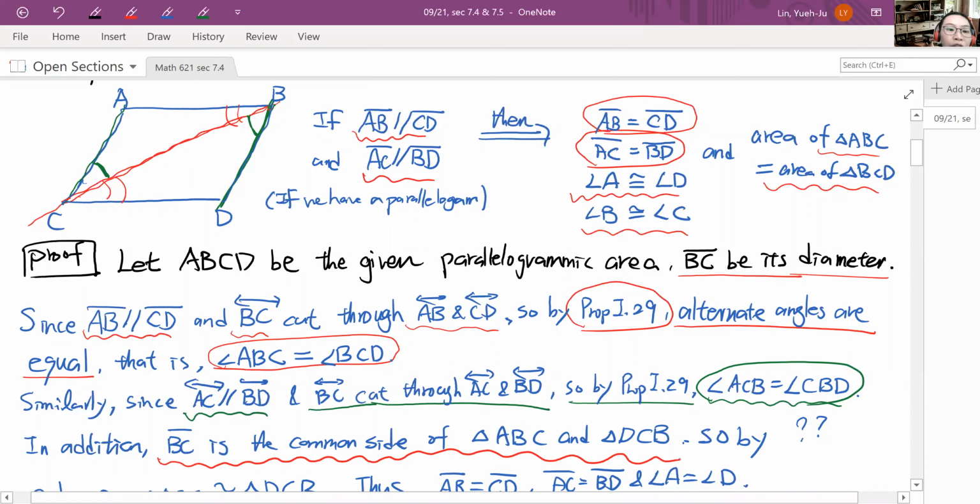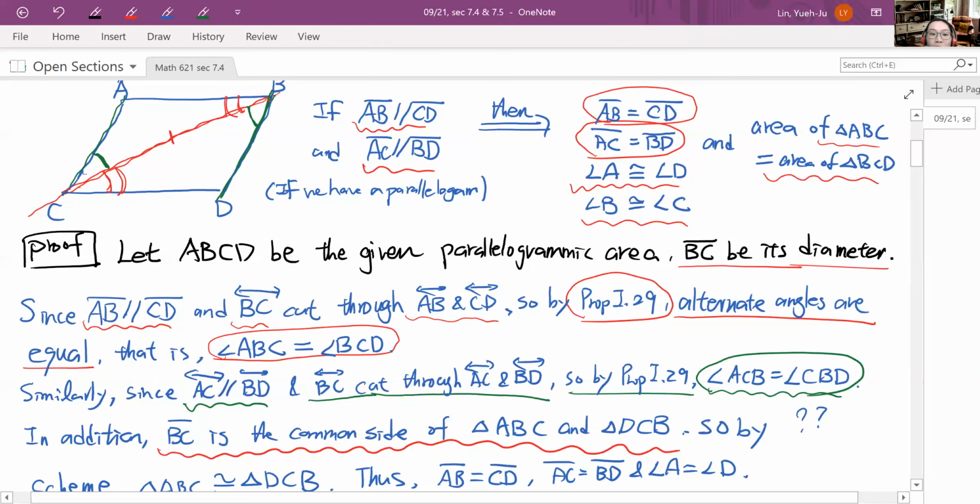So now you have 2 pairs of angles that are equal, coming from the alternate angles, plus this common side BC. If you compare these 2 triangles, can anyone tell me which triangle scheme I can use to show that these 2 triangles are congruent? Okay, I already saw one answer.